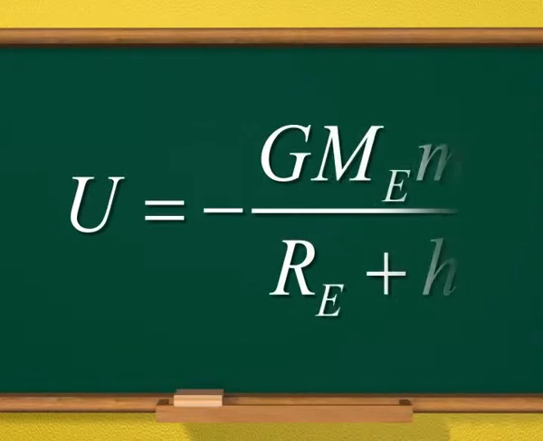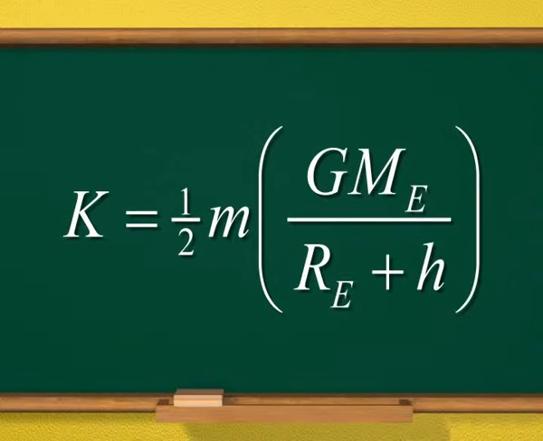When a satellite revolves around a planet in its orbit, it possesses both potential energy and kinetic energy. The potential energy of the satellite U is equal to minus G Me m upon Re plus h, and the kinetic energy of the satellite K is equal to half of G Me m upon Re plus h.